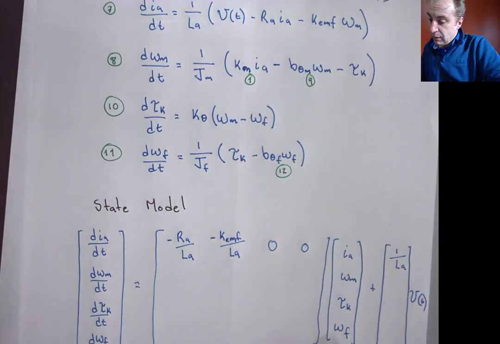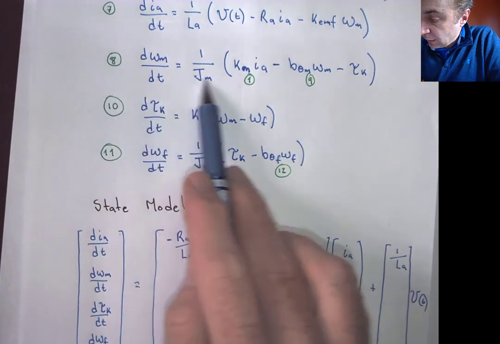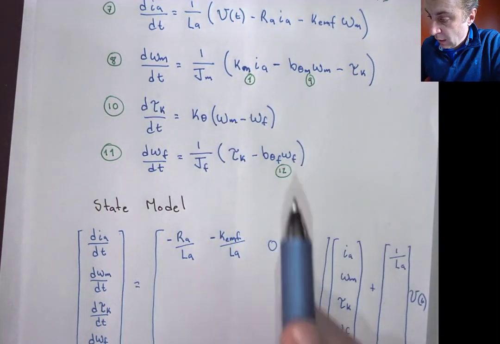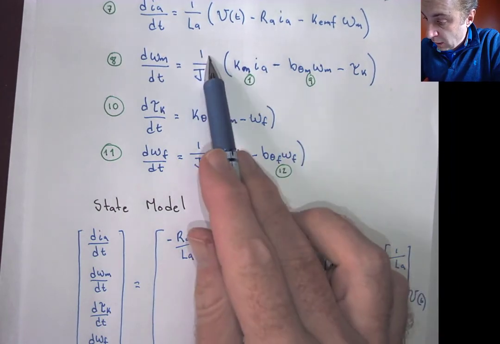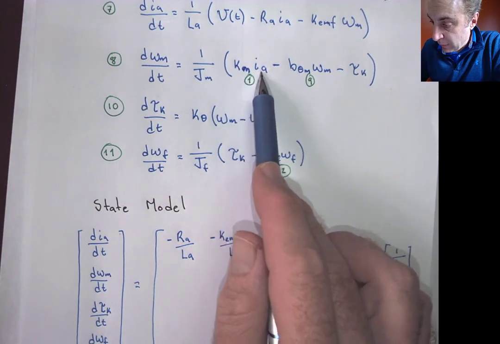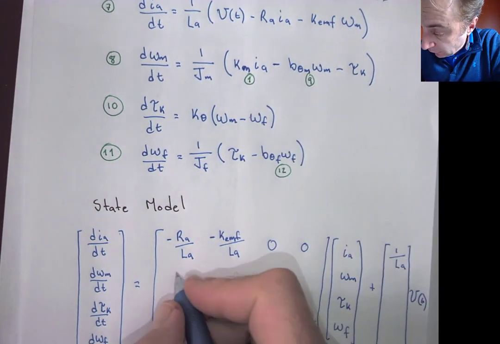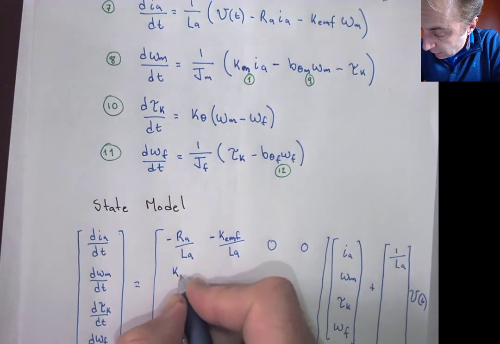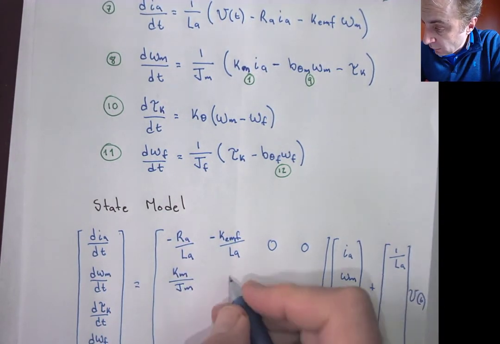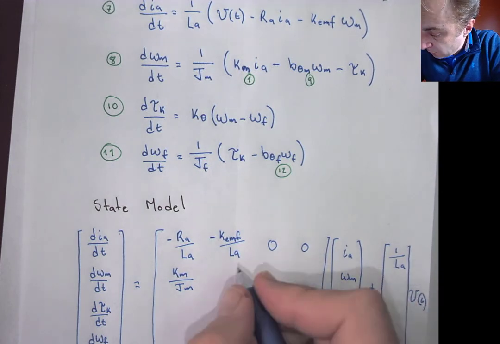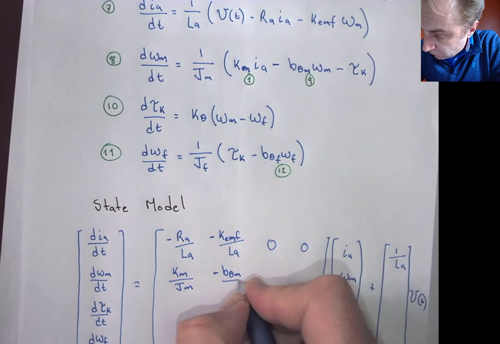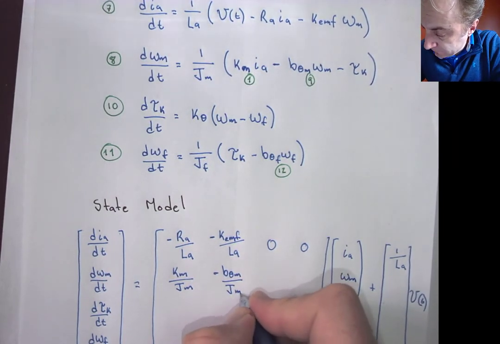Okay? Then we have the second equation, that is this one here. And we have 1 over J_m that multiplies K_m times the current. So it's K_m over J_m. And then for ω_m, we have minus B_θm over J_m.